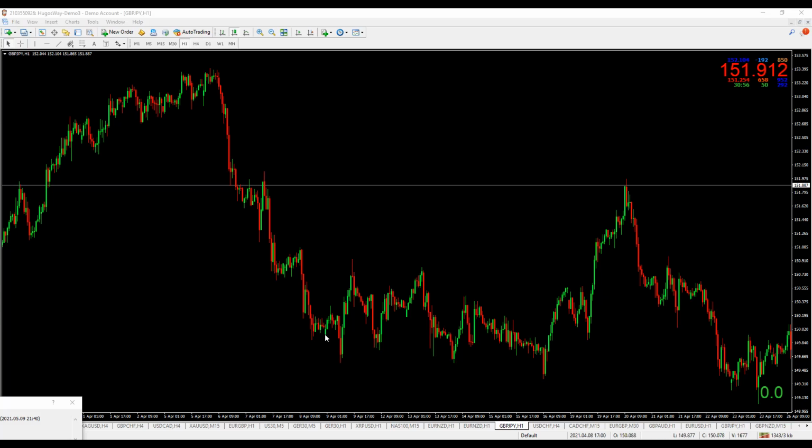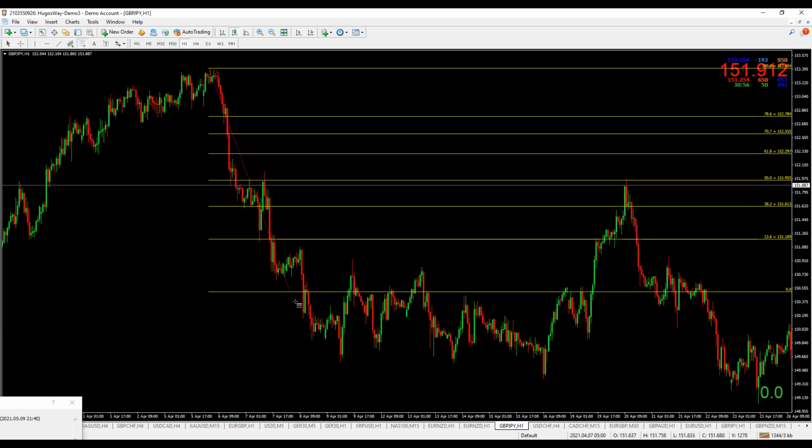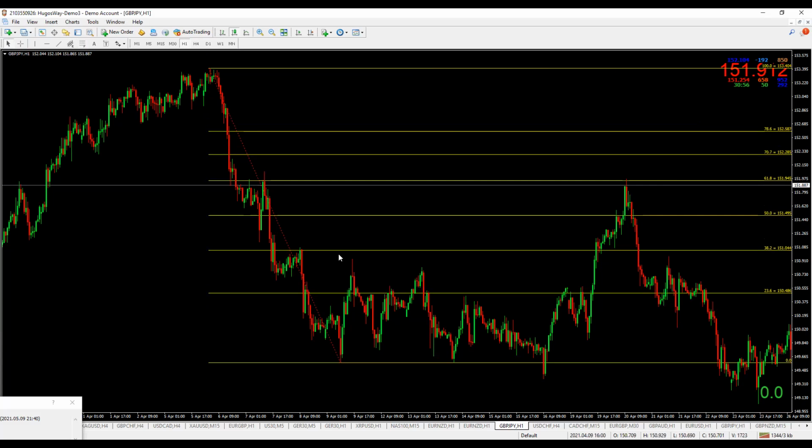Okay, so basically, when drawing the Fibonacci, you will notice that there is this red dotted line. Well, at least on mine here it's a red dotted line.